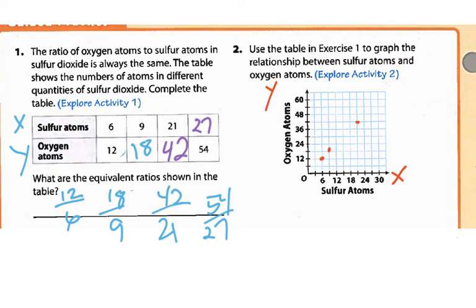And then I'm going to come over 27, right here on my X, and go up to 54, and that's going to be right there. My old eyes have trouble with these little graphs. So there, I plotted those points. You'll see when I connect them, I have a straight line.